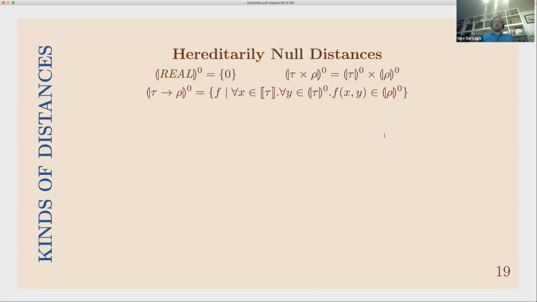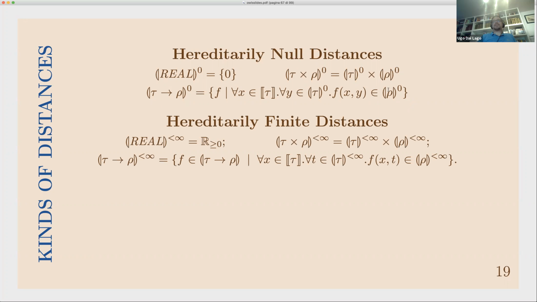So you can get back ordinary logical relations if you consider hereditarily null distance, so the distances which are 0 at the ground type, and which just turn null distances into null distances at higher types. And you can even get hereditarily finite distances, so finite distances at ground type and hereditarily finite distances at higher types.